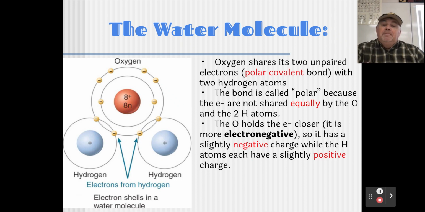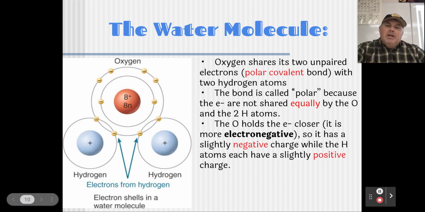And what happens is that the electrons are held a little closer to the oxygen, so it makes it seem like there's two extra electrons on the oxygen, and it seems like there's a lack of electrons on the hydrogens. So near the bottom here of my hydrogens, we give it a positive charge because in a sense, there is more of a positive charge on that side.